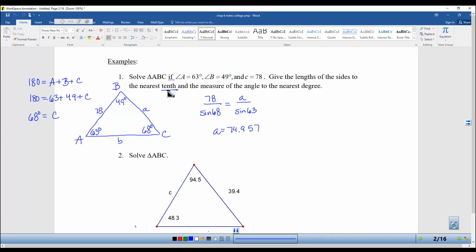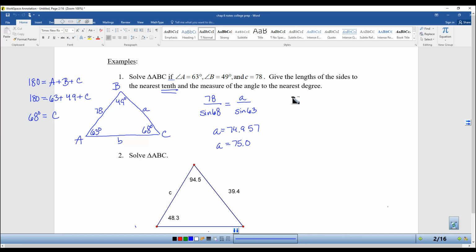Although I see now it says the nearest tenth, so you can say a is equal to 74. Ooh, what are we going to do about that? This would round up to 0, which would make this actually round up to 5. So the nearest tenth is actually 75.0.